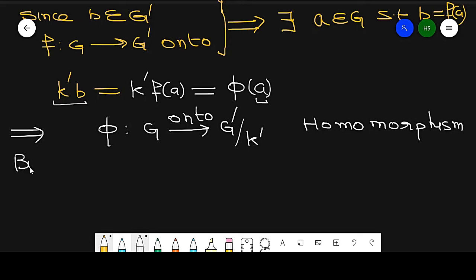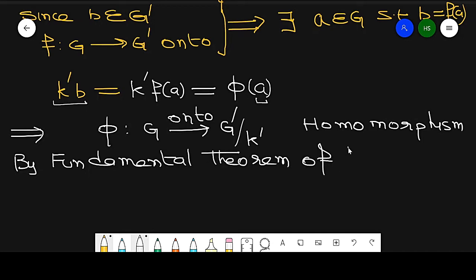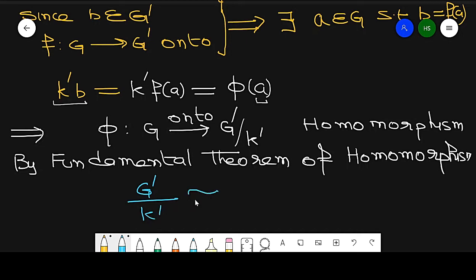Then by the fundamental theorem of homomorphism, G dash by K dash is isomorphic to G by kernel of phi. So this is isomorphic to G by kernel of phi.